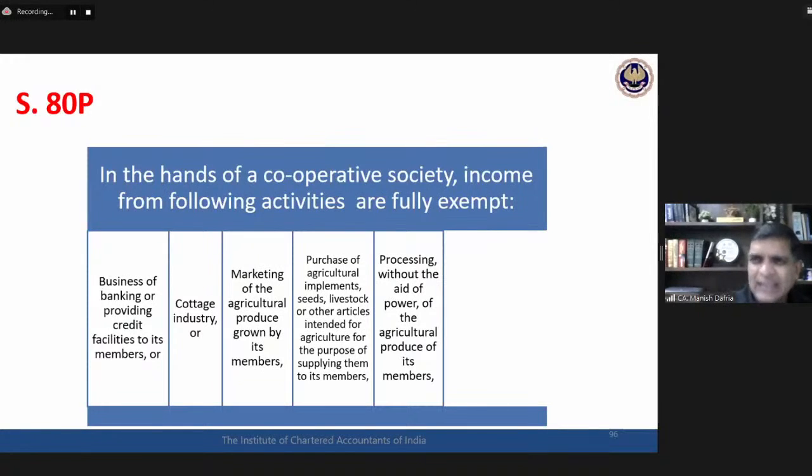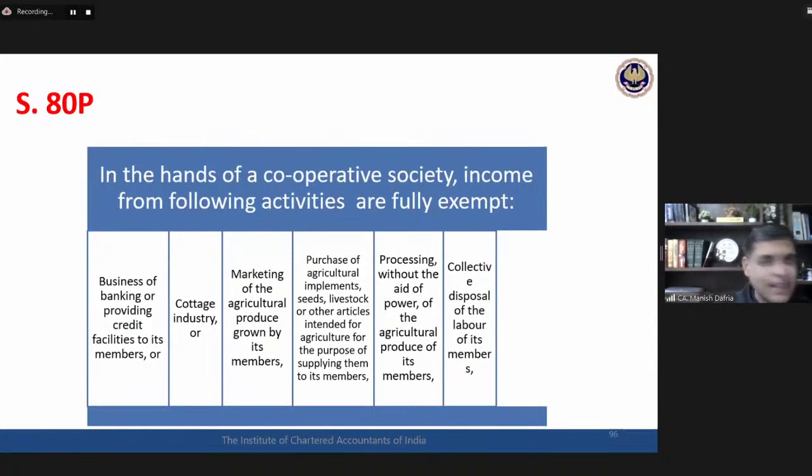Now, practically speaking, doing anything without power is probably not feasible nowadays, so the provision may not have much relevance in the current scenario, but still it is there in the law. If the cooperative society processes the agricultural produce of its members without the aid of power, then this income would also be exempt in the hands of the cooperative society. Okay, fifth.